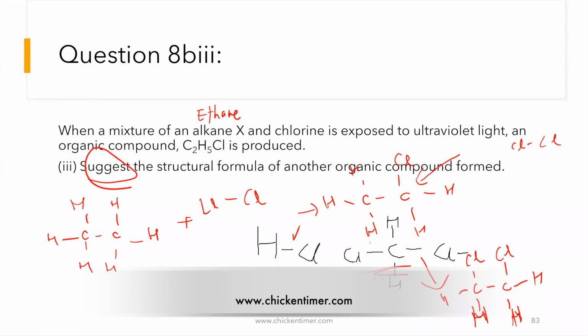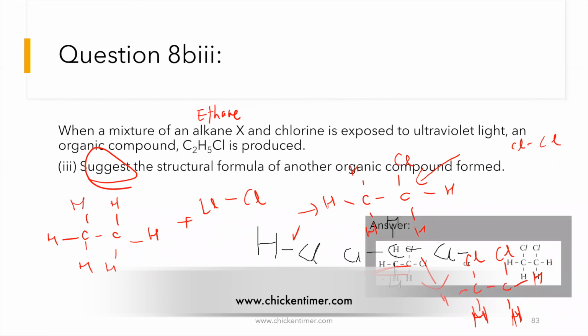But in your question, there's no methane, right? So you cannot use this as your answer. Other acceptable answers are any answer with 2 carbon and any amount of chlorine. So you can have this, with 2 chlorine here, but you can have other answers with 3 chlorine possible.